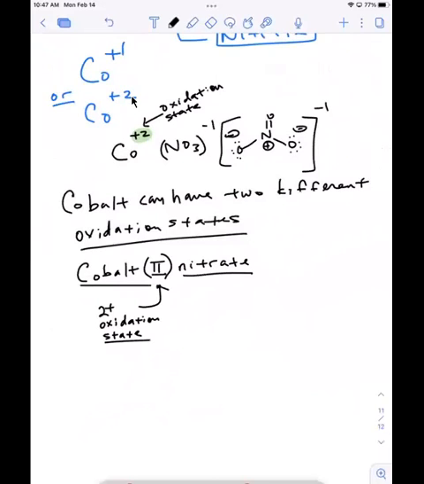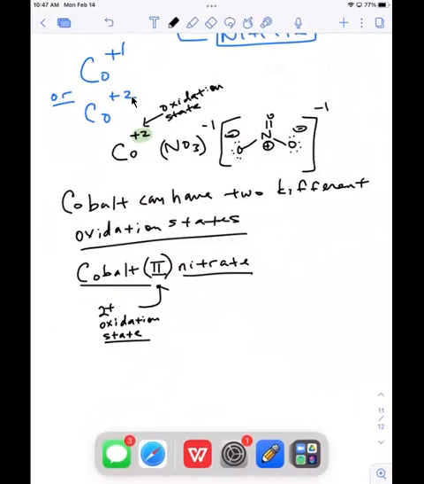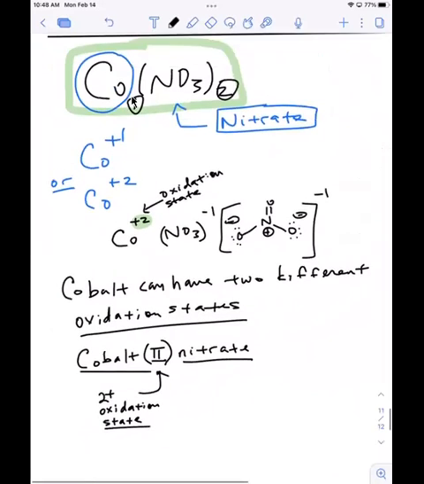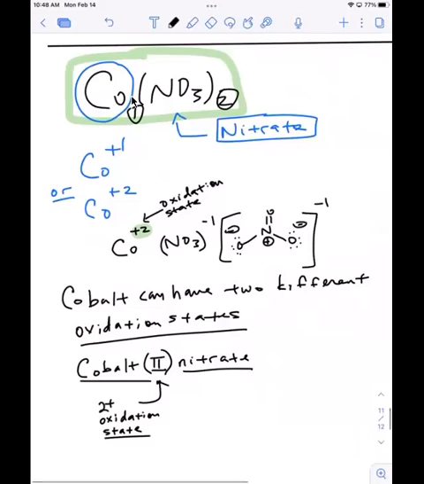So if a metal has more than 1 oxidation state, we have to indicate it. And we can tell what the oxidation state of the metal is if we know the charge of the polyatomic that it is ionically attracted to. Are y'all following that? So we know NO3 is -1, and we see a subscript 2 beside it.